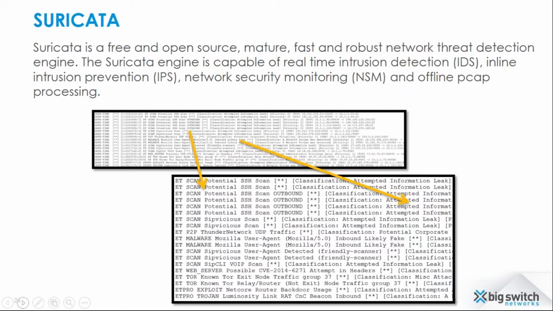We actually have a belt and suspenders approach: an IPS doing IPS functionality, and then this gives us IDS functionality. Ideally, the IPS should remove a lot of the data from the line way before the IDS, Suricata, sees it, so these are probably reduced to about 10% because we have the IPS in place.